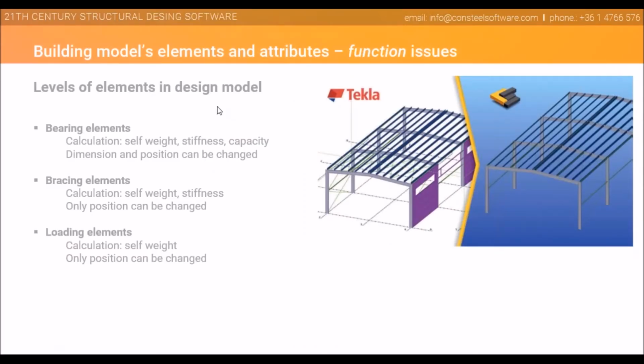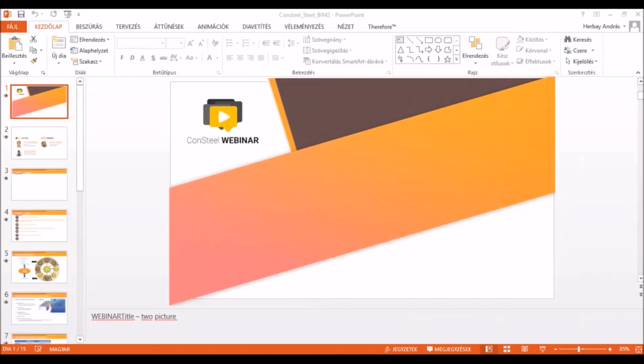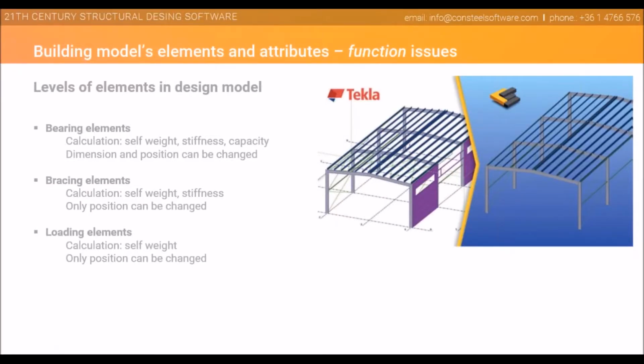Loading elements are those elements which hand over loading to the designed part of the structure. Only the position can be changed, and just the self-weight of these elements is placed in the calculations.